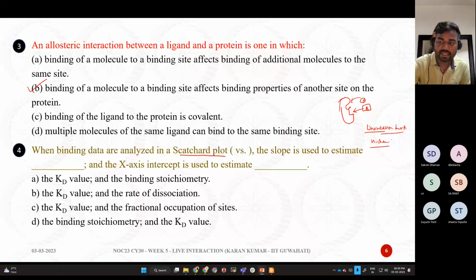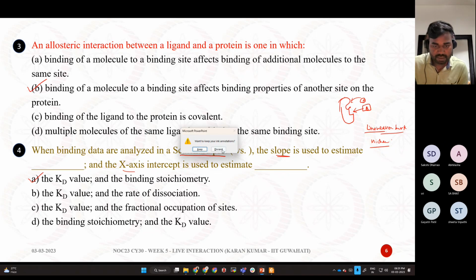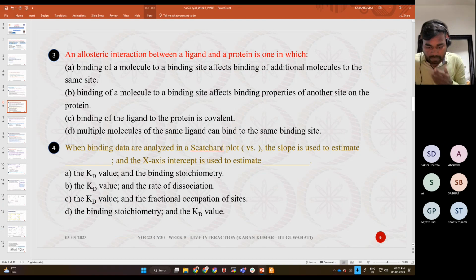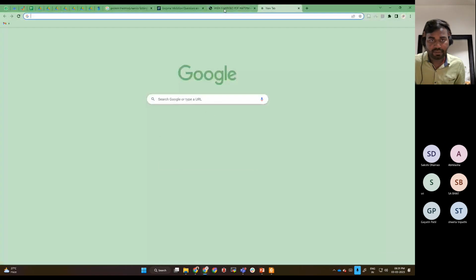What do you get in the x-axis intercept if you are plotting a Lineweaver-Burk plot? The answer here is you get the KD value from the slope, and on the x-axis you get the binding stoichiometry. Let me show you what the Scatchard plot is. Let me show you.